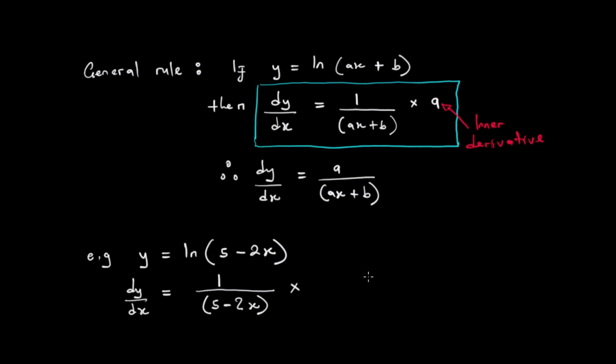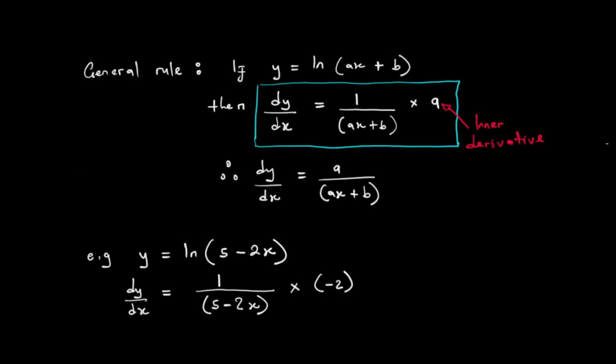So looking at the bracket 5 minus 2x, what is the derivative of that? We know that the derivative of a constant, meaning 5, is 0. Then the derivative of minus 2x is actually equal to minus 2. So this is multiplying minus 2.